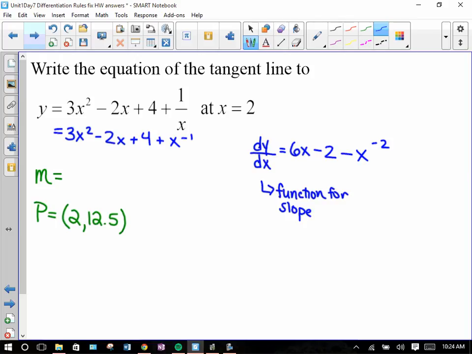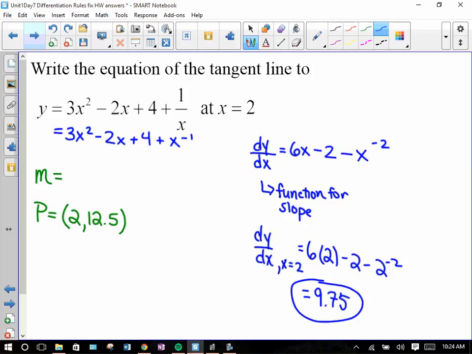So the slope is dy dx evaluated at x equals 2, so it's 6 times 2 minus 2 minus 2 to the negative second power. That's equal to 12 minus 2, that's 10, minus 2 to the negative second power, which is 1/4. So we're going to have 10 minus 1/4, which is 9.75. That's my slope.